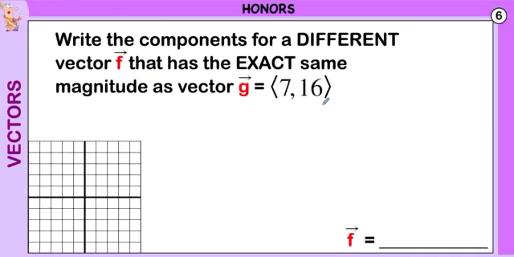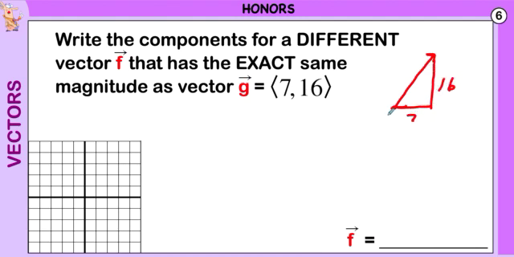Then my last one of this example is write the components for a different vector f that has the exact same magnitude as vector g. And what we're to recognize on this one, some of us made this really hard on the homework earlier on, but we just need to recognize that if I have a vector that goes 7 and 16, it's going to be about like this, where this is 7, I know it's not quite to scale, and this is 16.